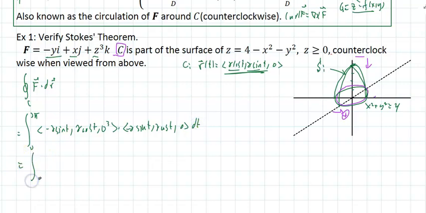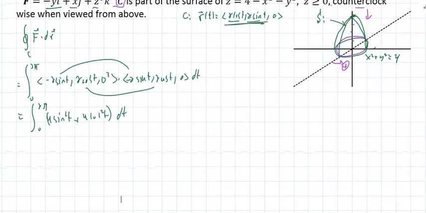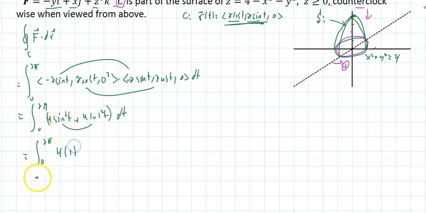And that would be the integral from 0 to 2 pi of 4 sine squared of t plus 4 cosine squared of t, all dt. And that would be the integral from 0 to 2 pi of 4 times 1. So that is 4 times t evaluated from 0 to 2 pi. So that is 4 times 2 pi, which is 8 pi. There it is.